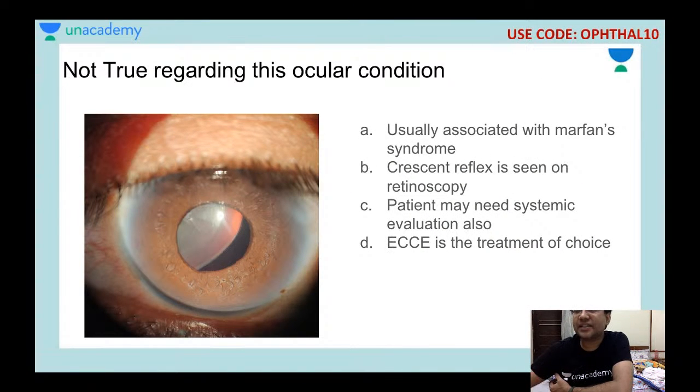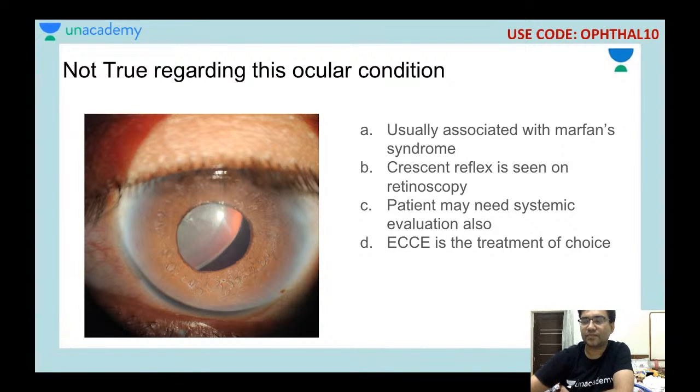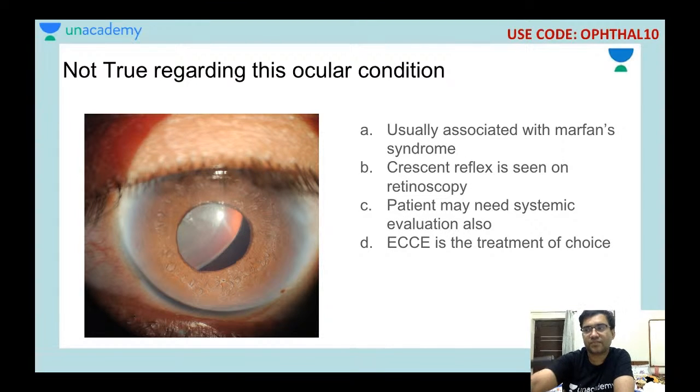Not true regarding this ocular condition. First of all, tell me what is this ocular condition shown here? So very good.